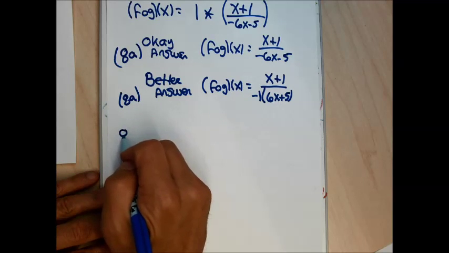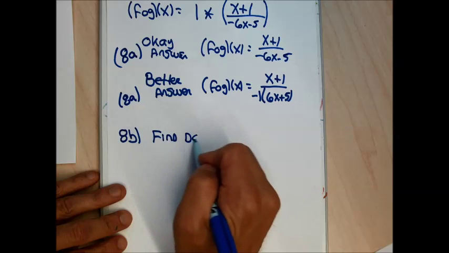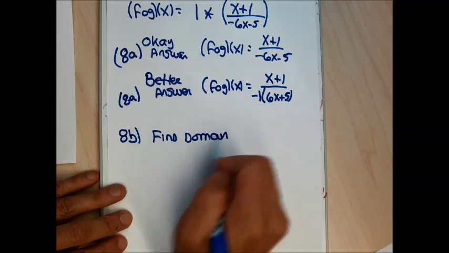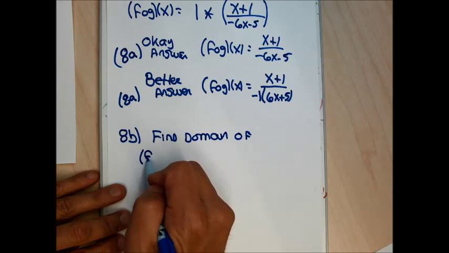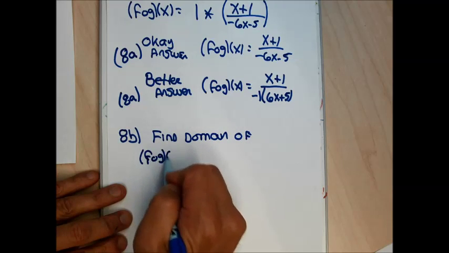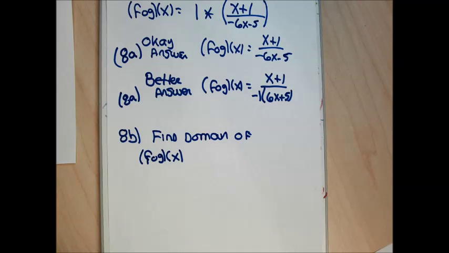Now we need to move on to 8B and find the domain of f composed with g of x. I'll tell you how to do it and then I'll explain how to do it. So there's two stages to this.